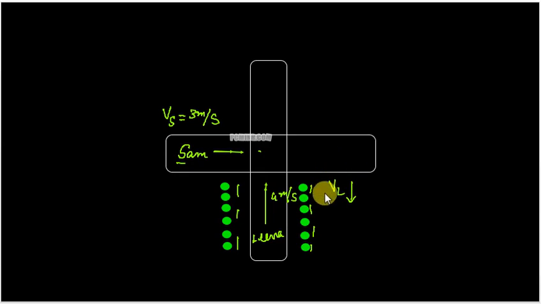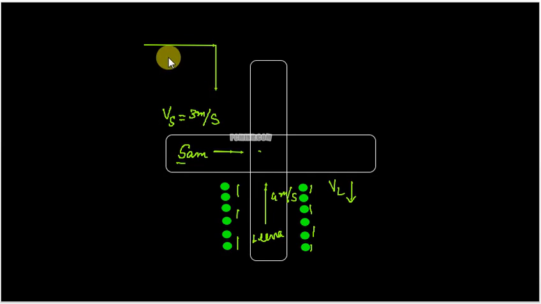And so here in this picture you can see that the trees are going down, so Lena is going up, and Sam is coming towards the right, but for Lena, he's not just coming to the right, he's also coming a little down. So we would look at this with a view that Sam is going like this, and we would say the velocity of the trees appears to Lena along this direction.